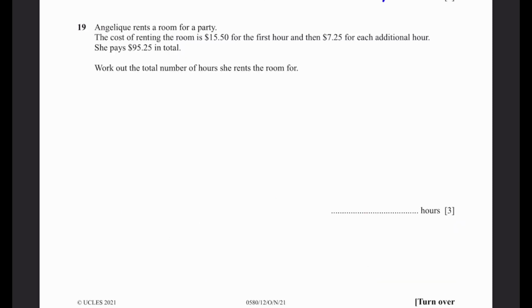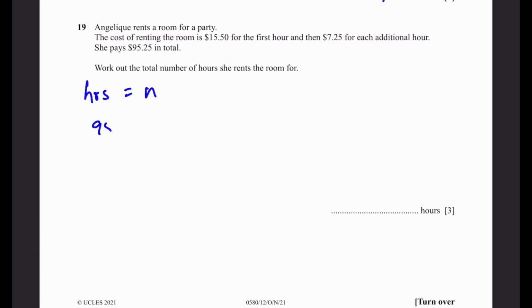Question 19. Angelique rents a room for a party. The cost of renting the room is $15.50 for the first hour, and then $7.25 for each additional hour. She pays $95.25 in total. Work out the number of hours she rents a room for. Let's keep the number of hours as n.